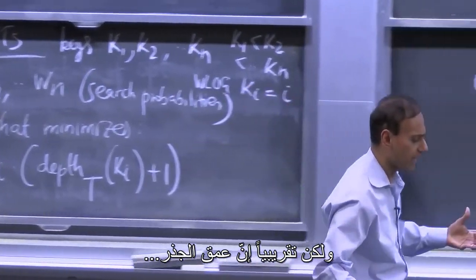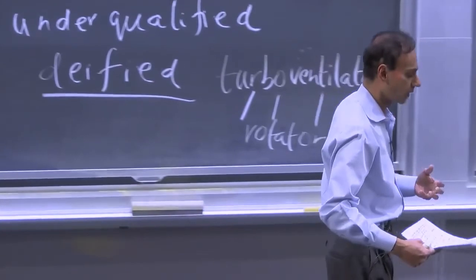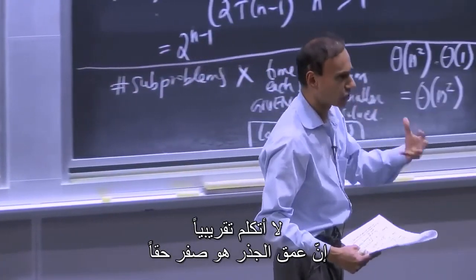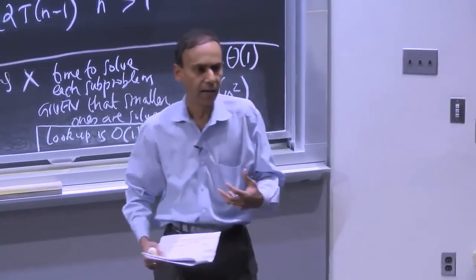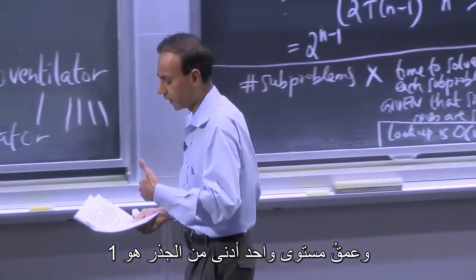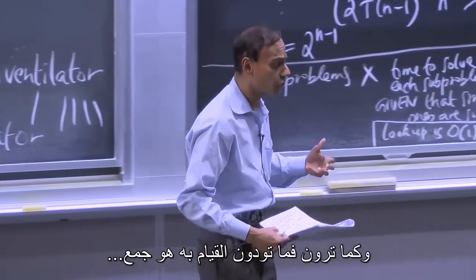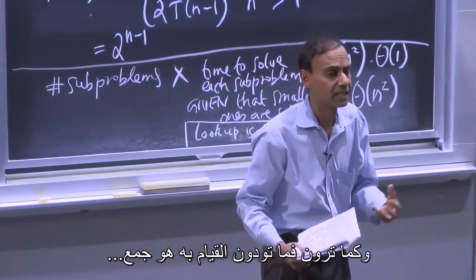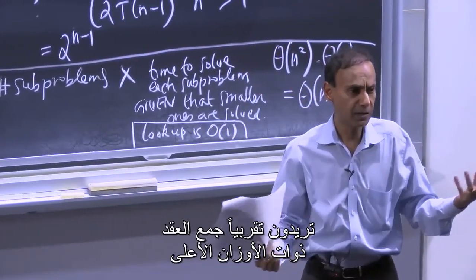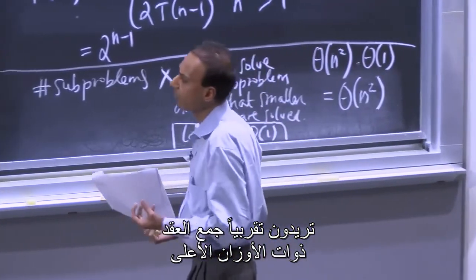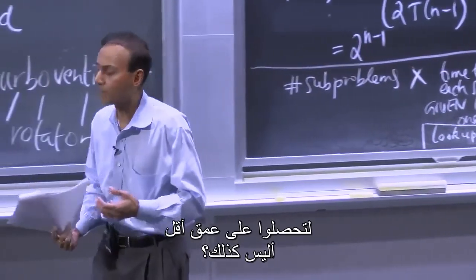But roughly speaking, the depth of the root, not roughly speaking, the depth of the root is 0. And the depth of one below the root is 1, and so on and so forth. So what you want to do is collect the high weight nodes to have low depth.